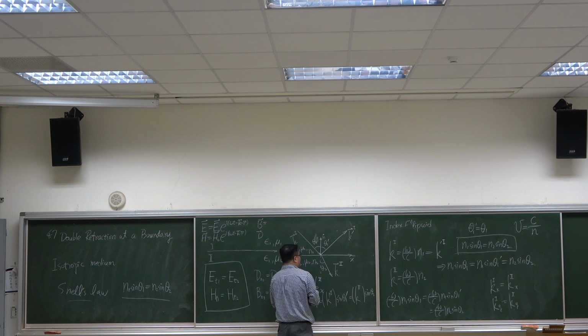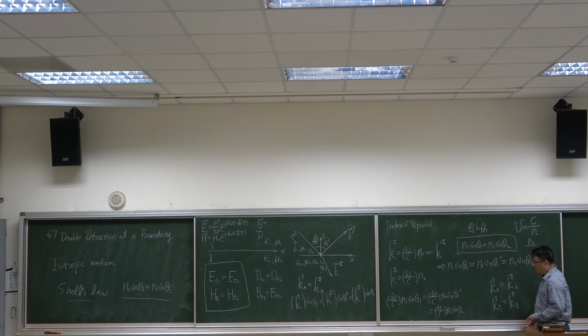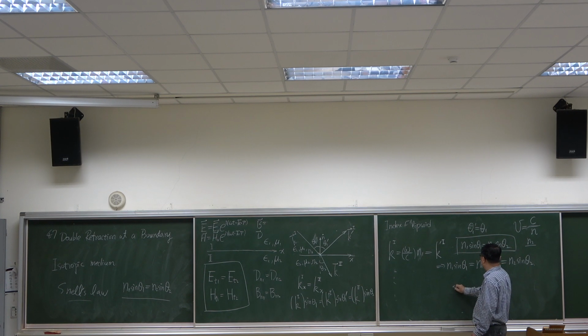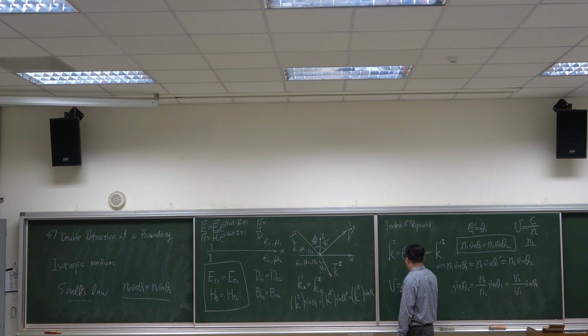That is to say, for acoustic waves, you can also use the so-called Snell's law. Let me write it like this: sin theta 2 is equal to n1 over n2 times sin theta 1, but the ratio of n is the inverse ratio of v. This is equal to v2 over v1 sin theta 1. Okay, and this v can be calculated by... For elastic waves, we have two kinds of v.